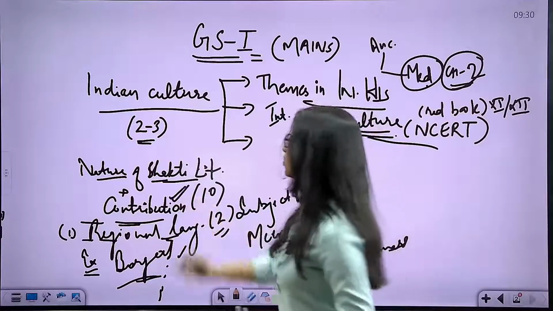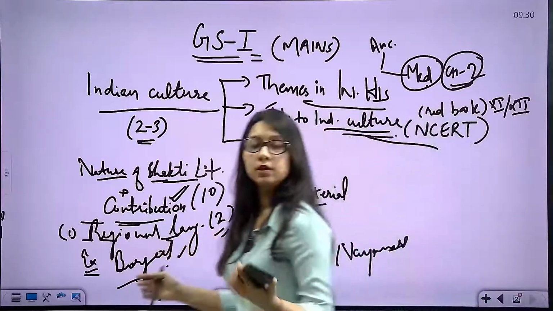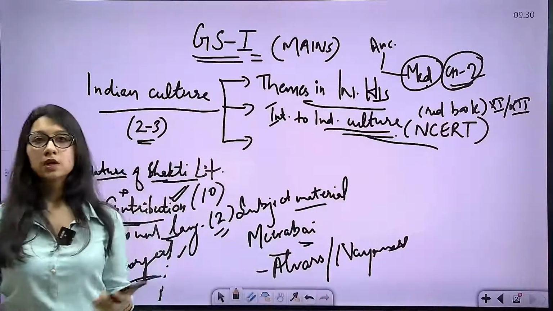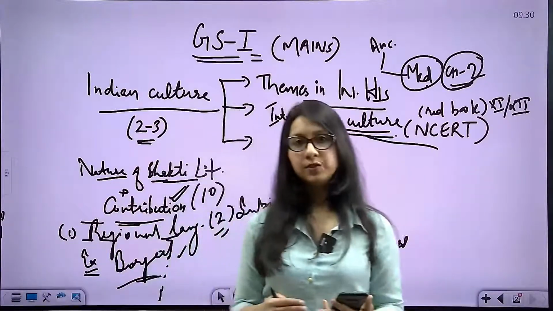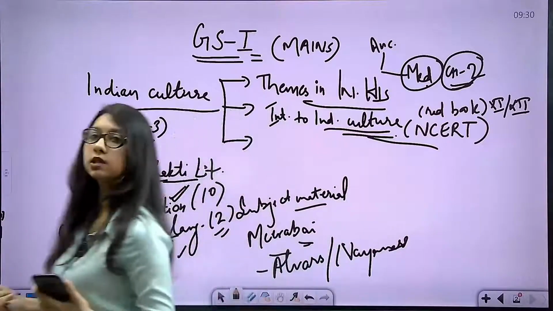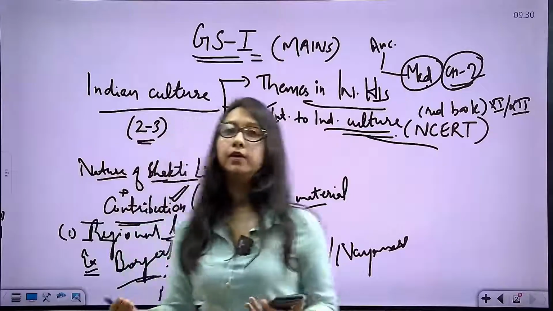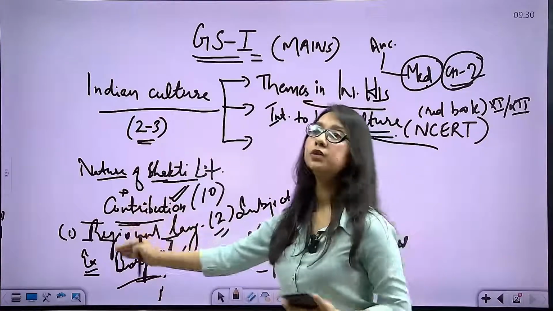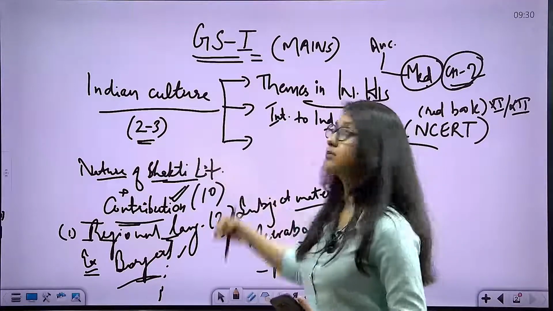Likewise, in contribution as well, what do we write as the contribution of Bhakti literature? As I told you, the first contribution was to include the masses, people like low caste people, women who were not allowed to read Sanskritic literatures, who were not allowed to participate in any kind of rituals. Bhakti and Sufi movement would include them all, and that was why they became so famous.